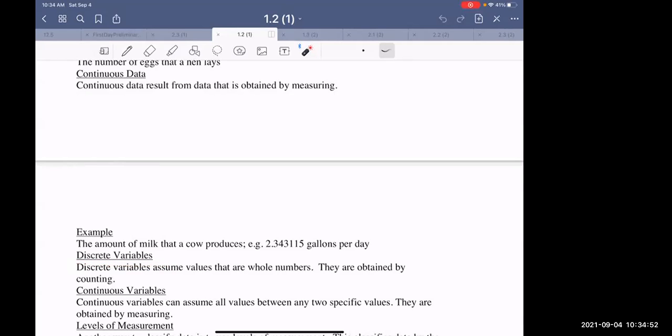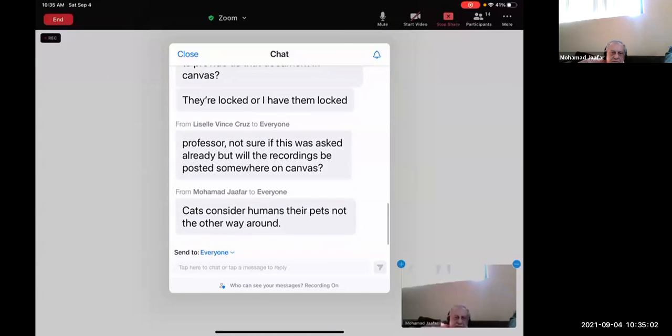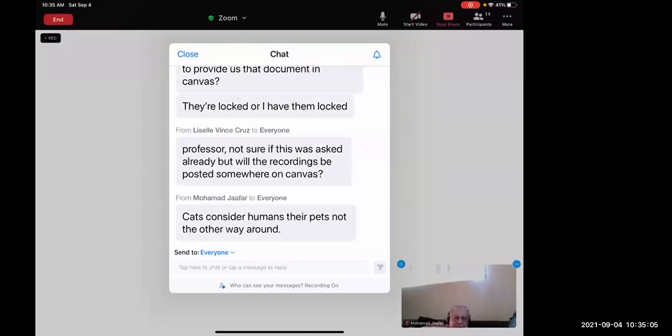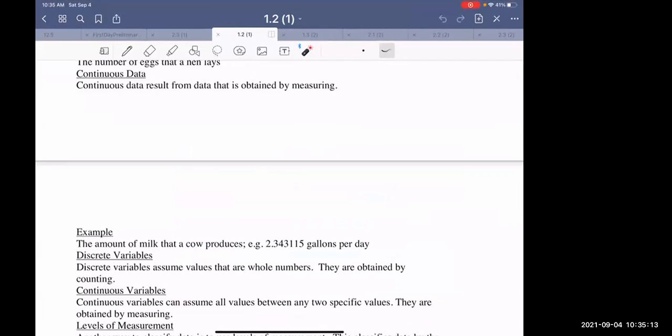Number of students in class, is that discrete or continuous? Discrete. Yes. How about age? Is age discrete or continuous? 19, 20 years old, 30 years old. Is that discrete or continuous? Your age.